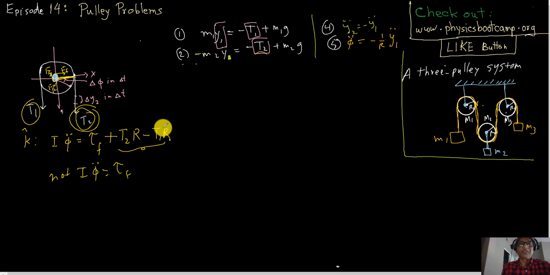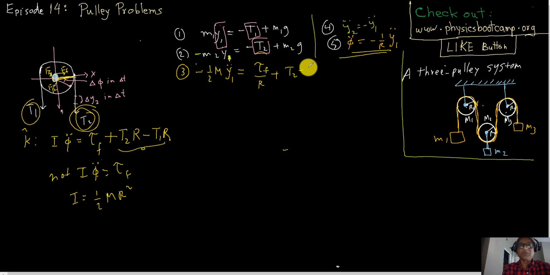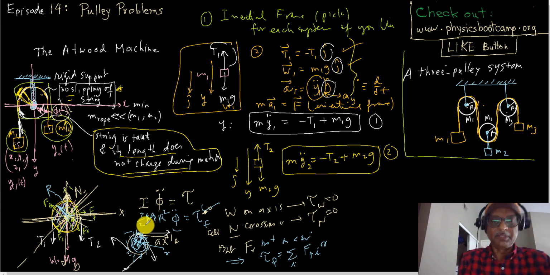So it will be this equation, not just I phi double dot equal to tau f. You need this also, so I'm going to include it here. I is half m r squared, and after using phi double dot equal to this, you should have half m y1 double dot equal to tau f over r plus T2 minus T1, in the same direction.